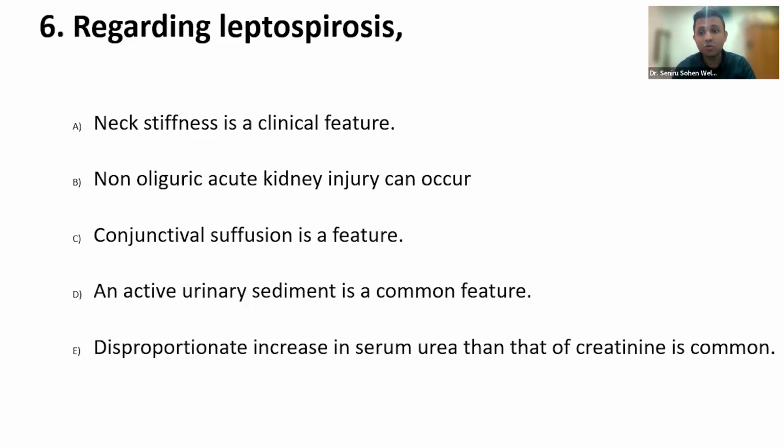So you may be able to see some casts in the urine, some protein, and red cells also in the urine. Microscopic hematuria is an entity that we are looking for in the UFR in patients with acute fever to see whether the patient may be having leptospirosis. Having red cells in the urine in a patient with acute fever without any urinary symptoms may hint that the patient may be having leptospirosis.